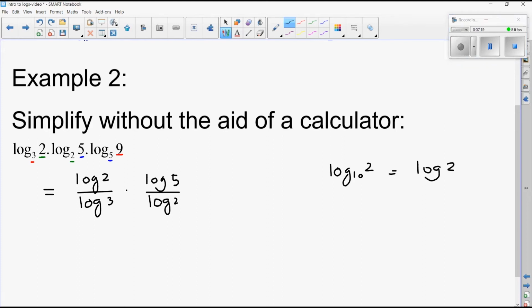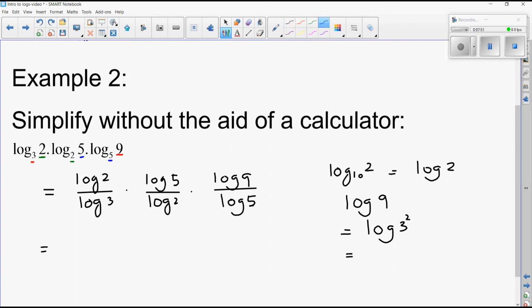And log of 9 to the base 5 is log of 9 divided by log of 5. So just looking at this question, you immediately see that there's going to be numbers that can divide into each other and we can cancel. But we know that log of 9 can be written as log of 3 squared. And using the power rule, I can rewrite the 2 as a coefficient of the log. So this becomes 2 log 3.